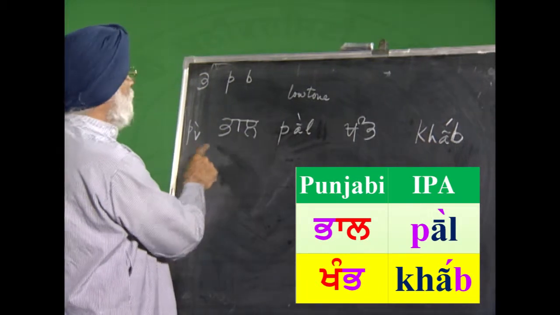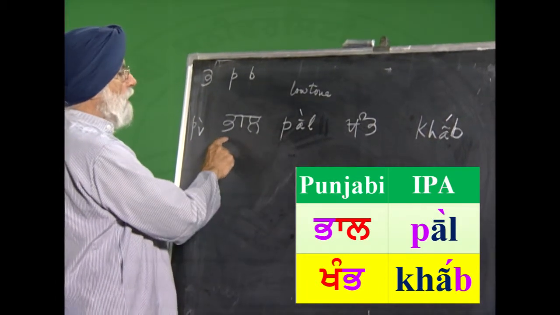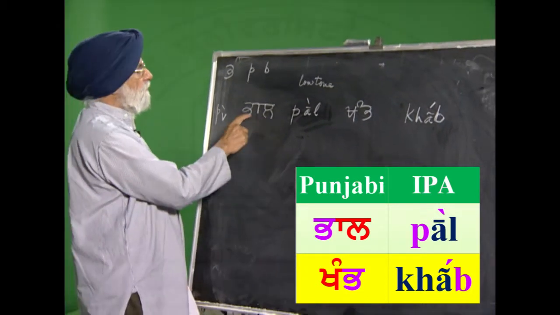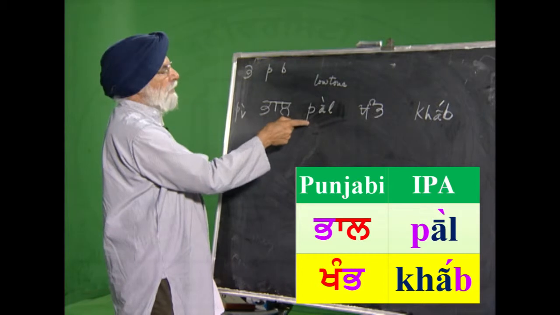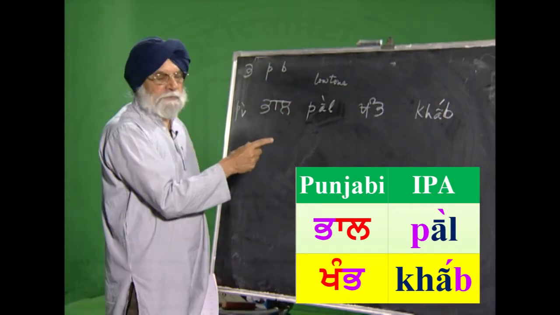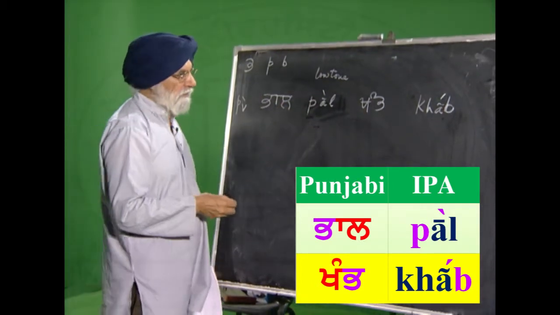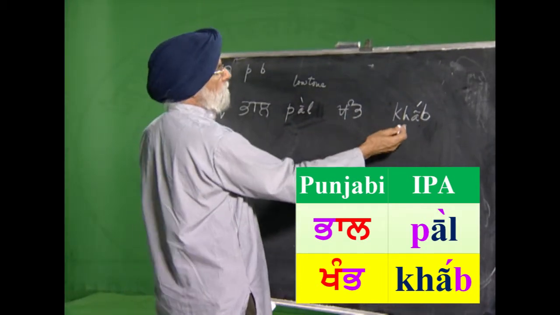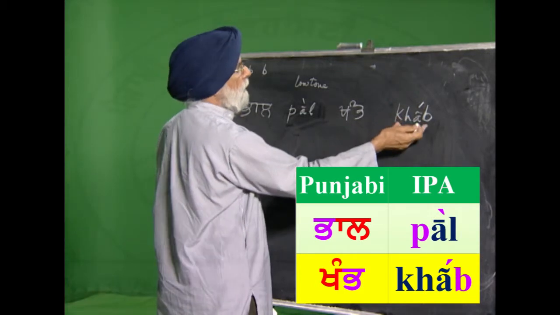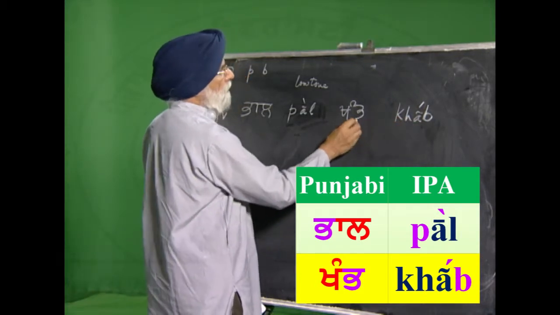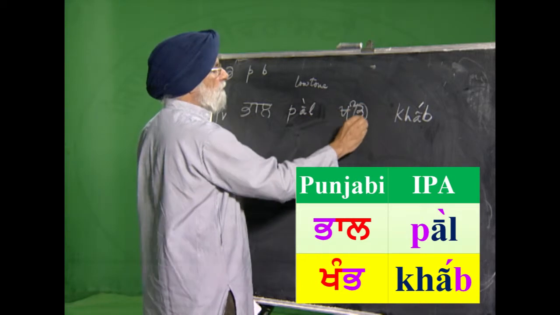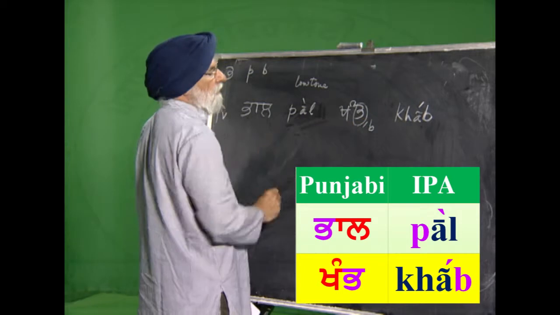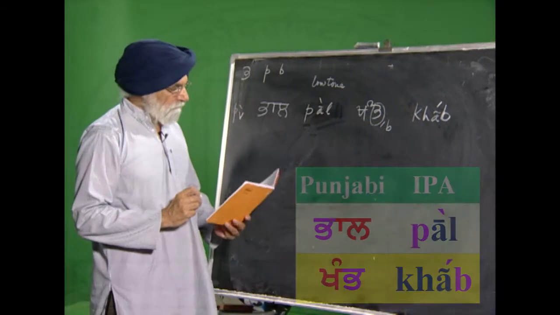You see the difference: here it was pal, the pabba is in the beginning of the word. So, it is pa followed by a low tone or whatever the vowel may be. In this position, you have a high tone followed by ba. In this position, it represents ba, but there is a high tone before it.